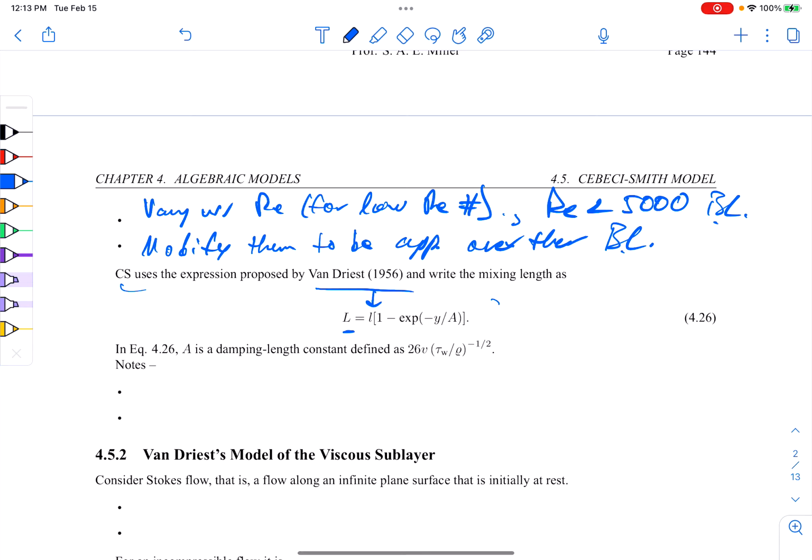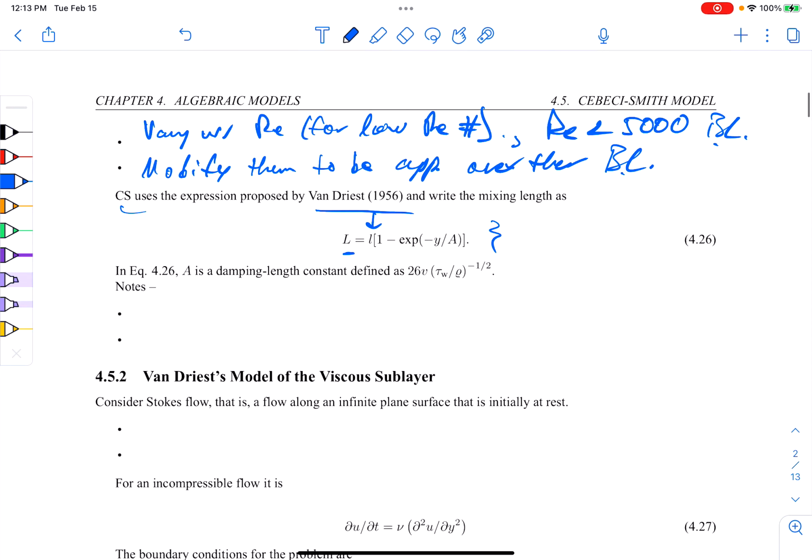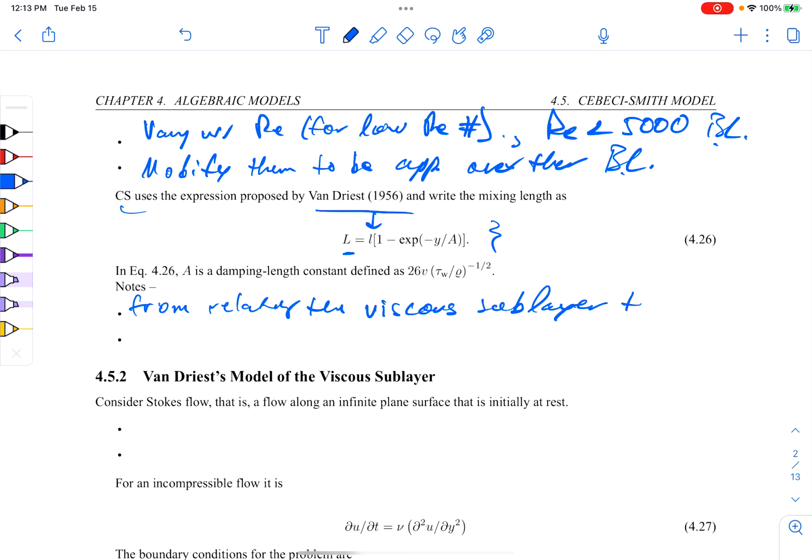This is something he adopted in his work immediately. We obtained this previously, and its origin is from relating the viscous sublayer to Stokes flow.